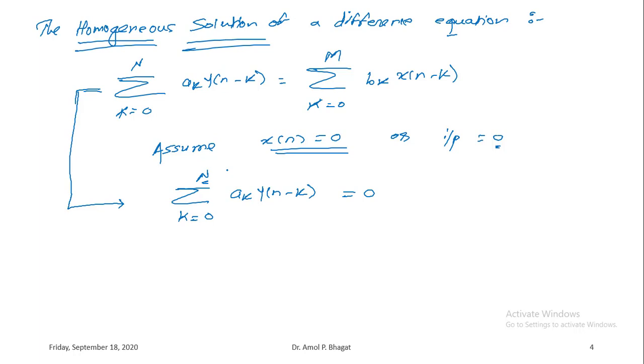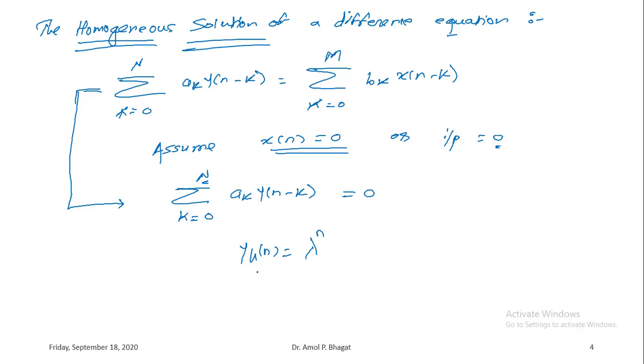The procedure for solving a linear constant coefficient difference equation is very similar to the procedure of solving a linear constant coefficient differential equation. So the solution of this equation has the form, that is this homogeneous solution is given as yh of n is equals to lambda to the power n.